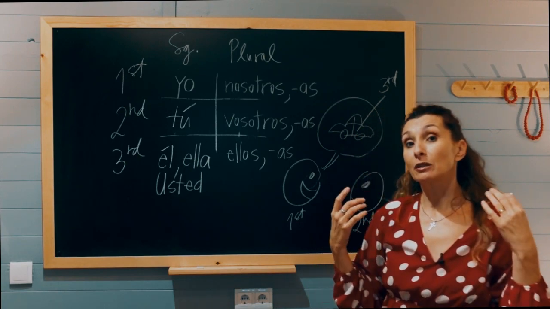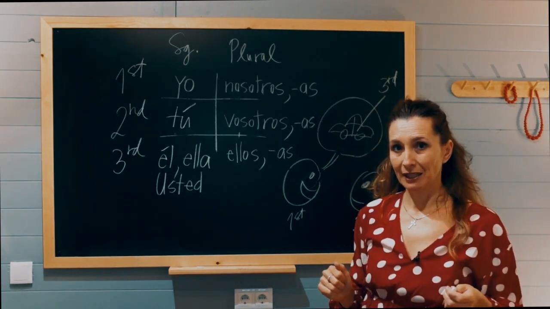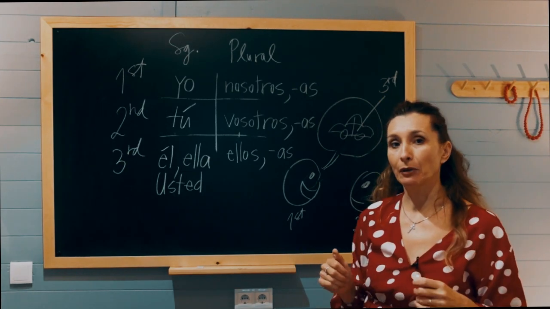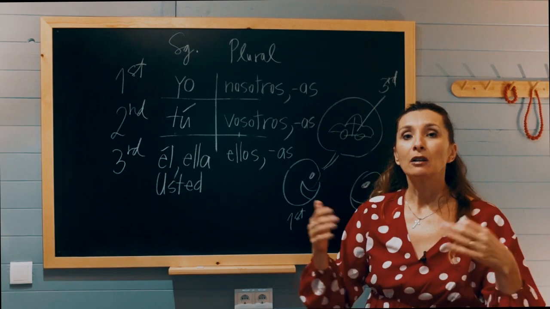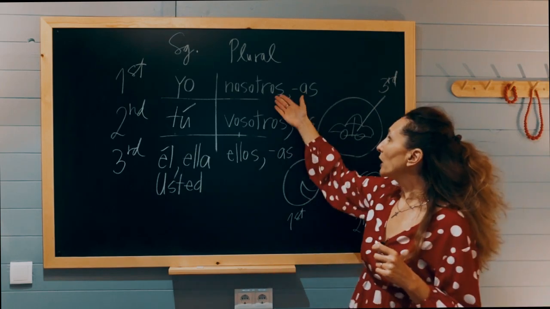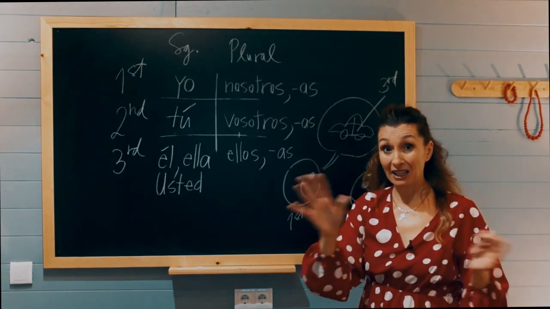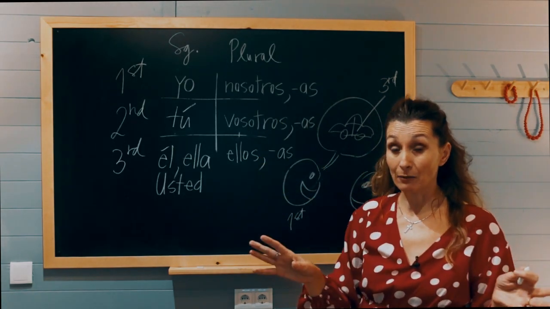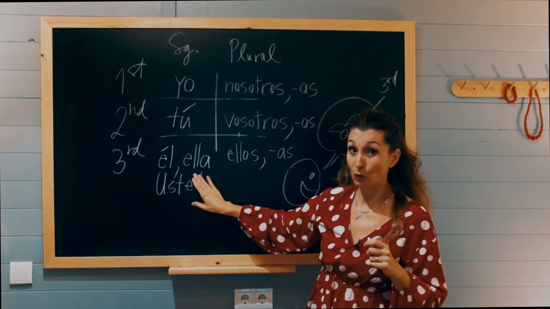So when you're learning, I don't know, present tense in Spanish, and you have a verb, and you have to learn how to say I walk, you walk, she walks, we walk, you walk, they walk. As you've seen in English, it's nearly the same every single time. Only the third person singular was slightly different. She walks.